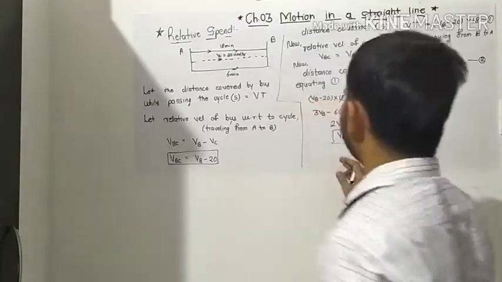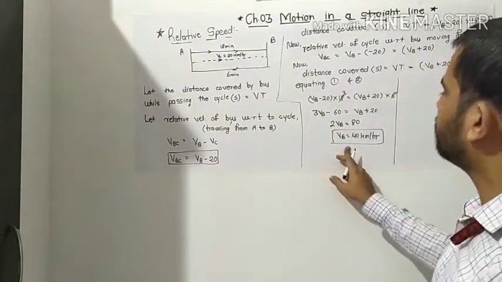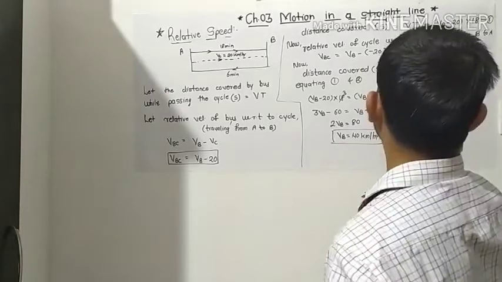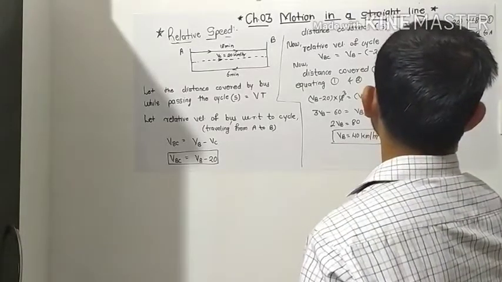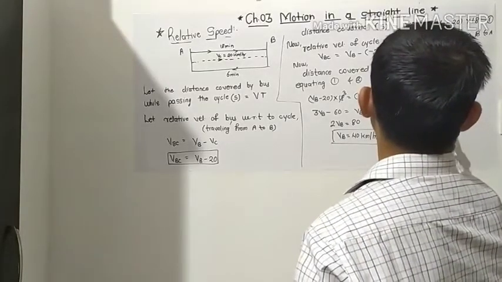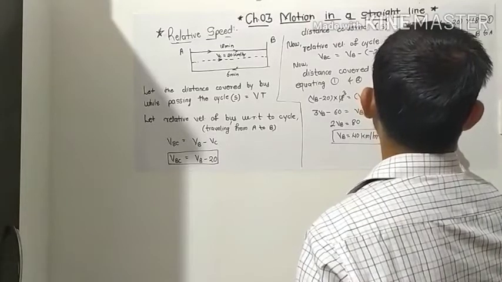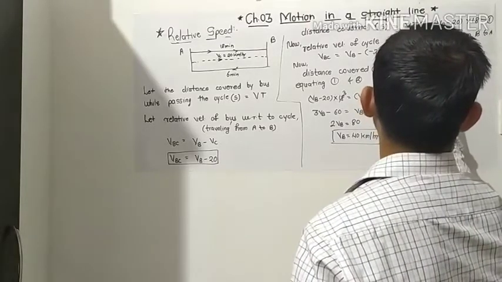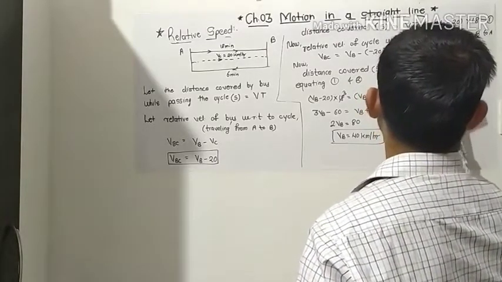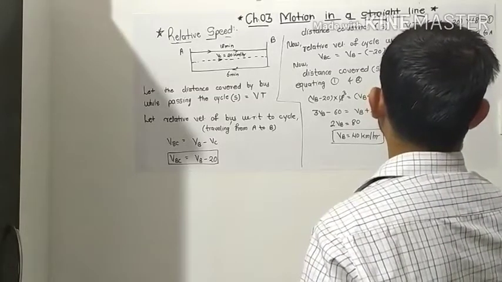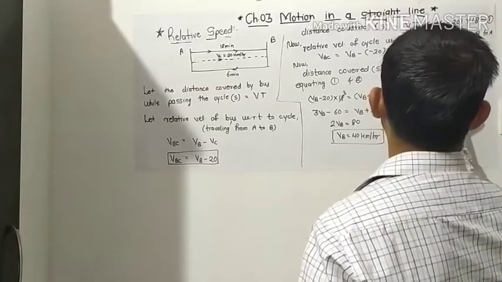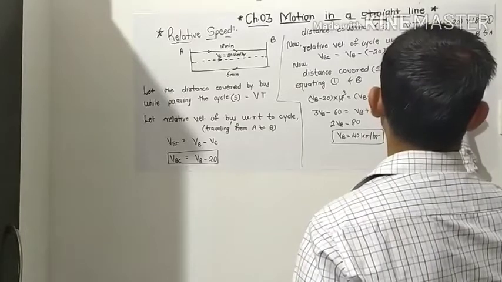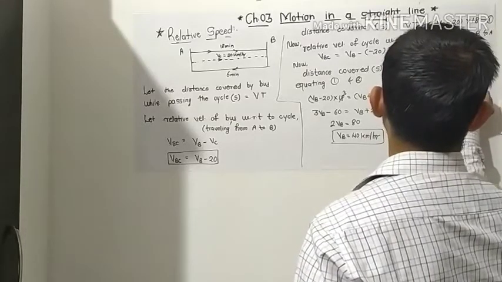Okay, so if we put this value of VB in this equation 2, it becomes 40 into T is equal to VB plus 20 into 6.